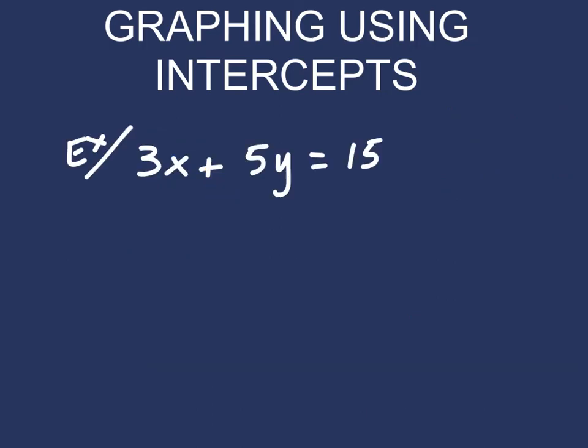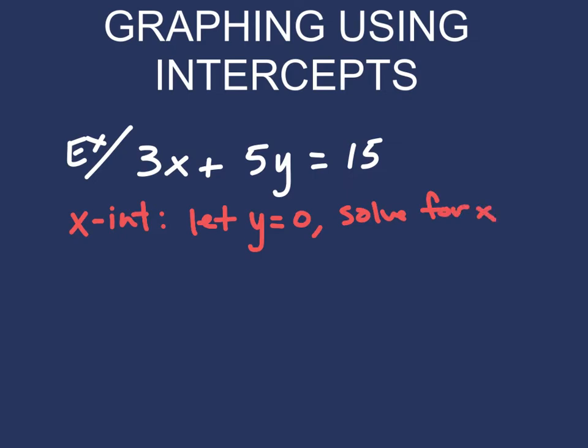Let's say I have this equation, 3x plus 5y is equal to 15. Let's say that I wanted to calculate our x-intercept. What we would do is let y equal 0 and then solve for x. So I would do 3x plus 5 times 0 is equal to 15. 5 times 0 becomes 0 and cancels out, and we get 3x is equal to 15.